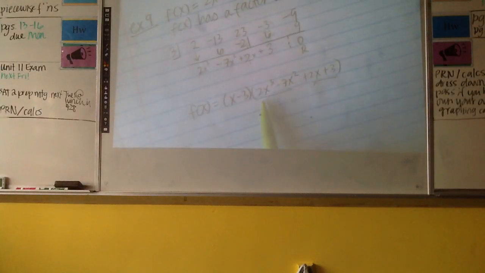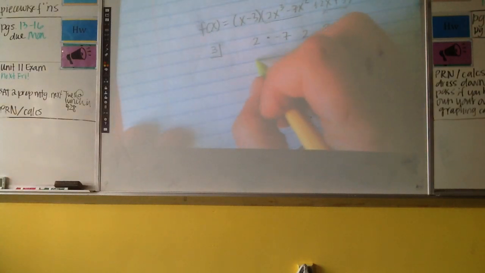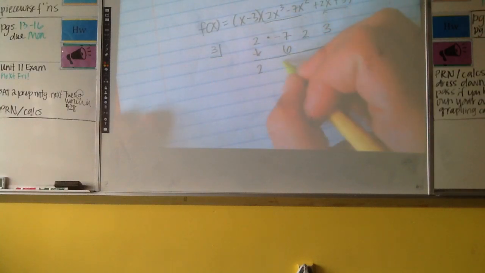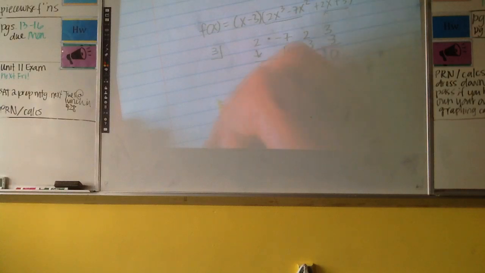So let's take this result, the 2x cubed minus 7x squared plus 2x plus 3. We'll put 3 in the basket because it's the root. We're going to divide again. Bring down the 2, multiply, add, multiply, add, multiply, add. Oh, this is nice.